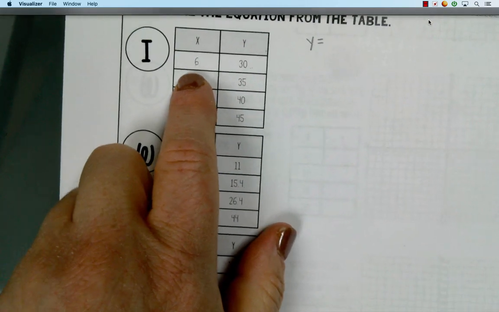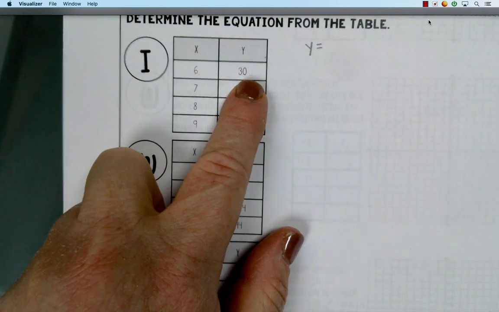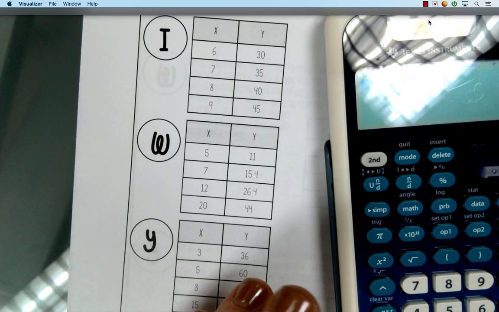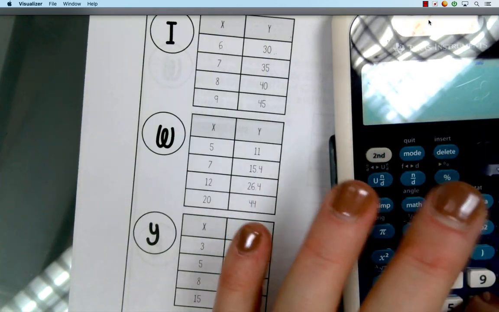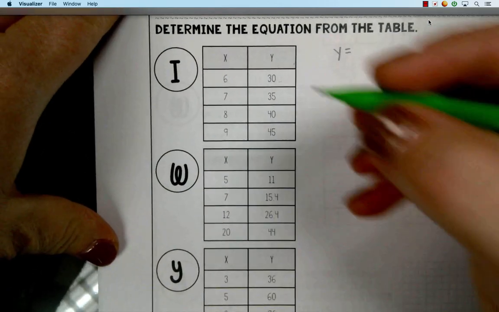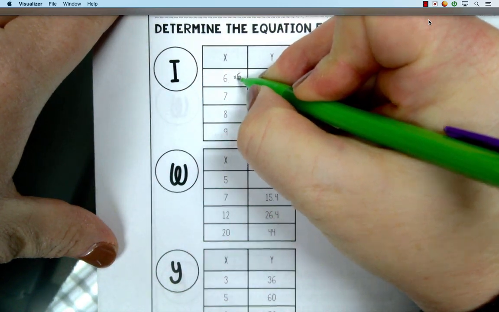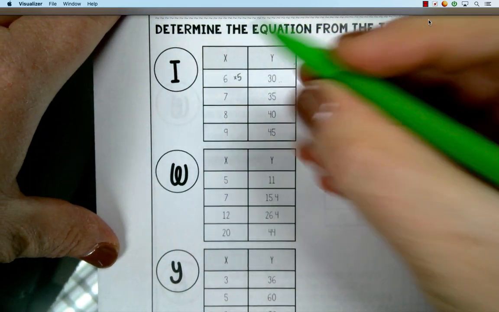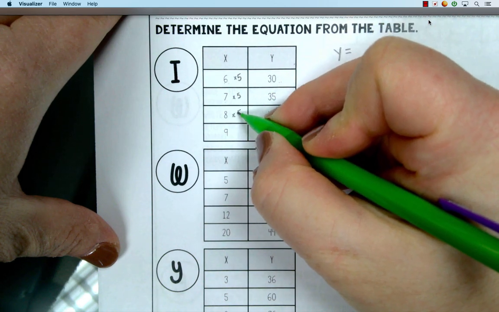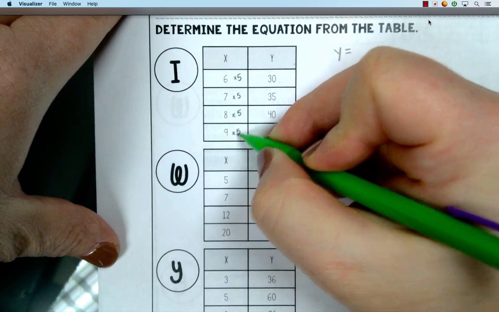So how do I get from 6 to 30? Well, if I don't remember what to multiply by, I should divide. So let's try this. 30 divided by 6. Well, you get 5. So we're going to say 6 times 5 is 30. Well, what's 7 times 5? It's 35. What's 8 times 5? It's 40. What's 9 times 5?